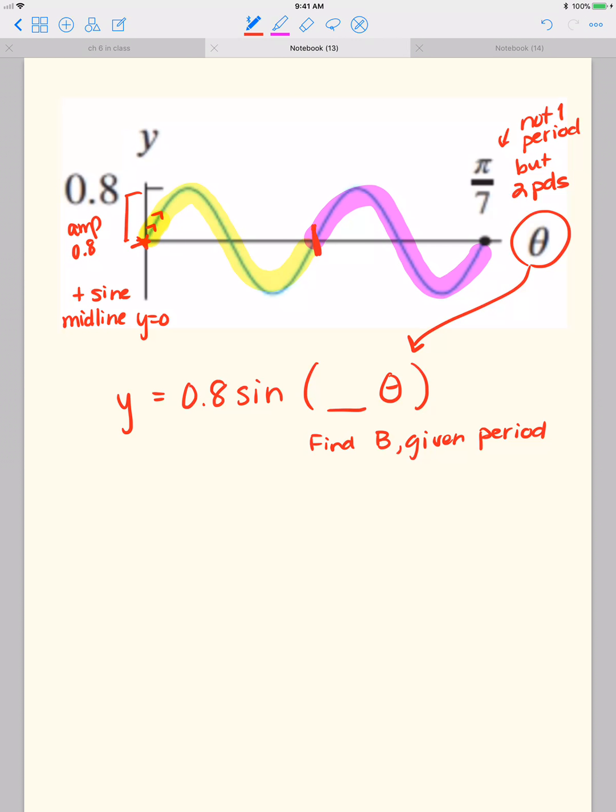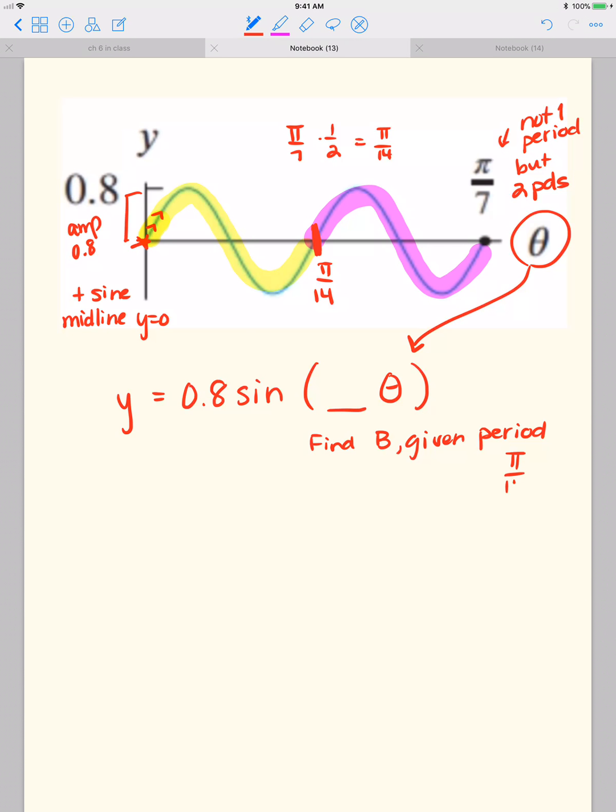And if I wanted to know this theta value, then I would just half the pi over 7 because it's symmetrical, it's periodic, does the same thing, repeats. So if I do pi over 7 and multiply it by half, I get pi over 14 is the amount for one period.